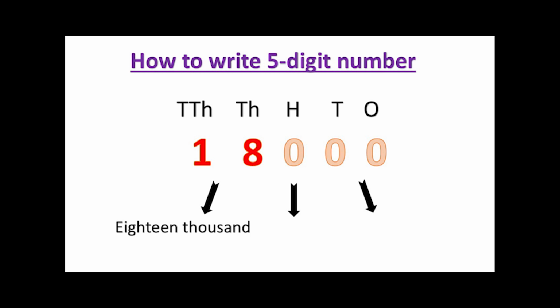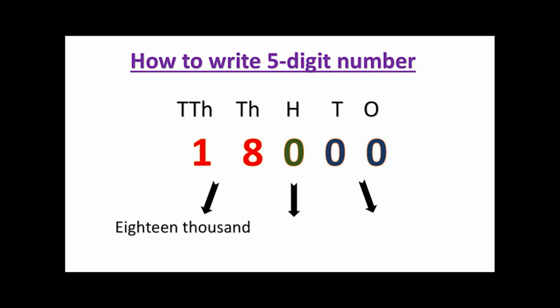Now the first part of the number name will be 18,000. The second part will be 0, 100. But do we ever write 100? No, we don't. So we don't write anything. The third part will come from this 20.